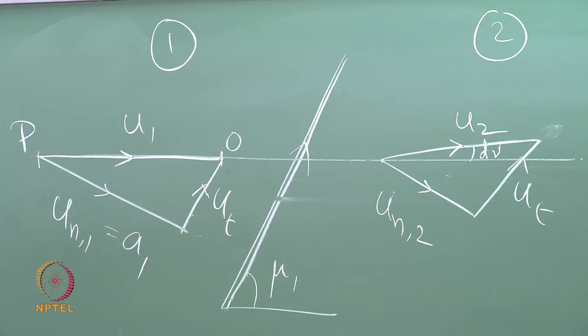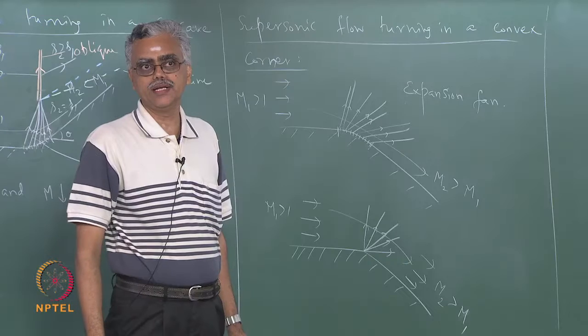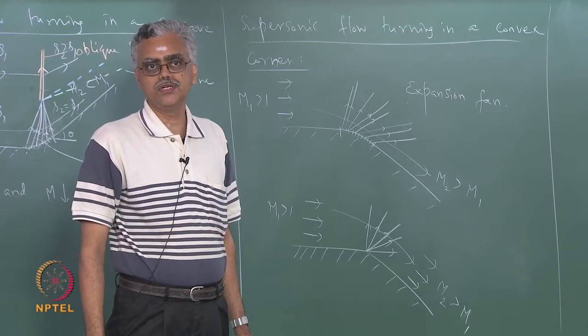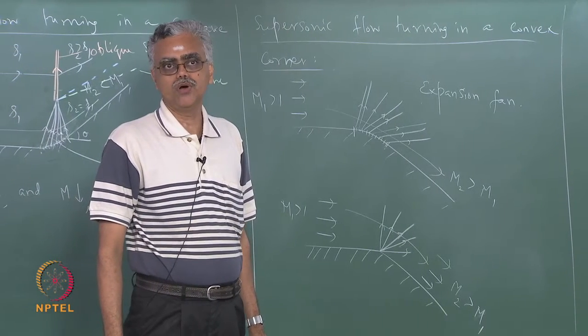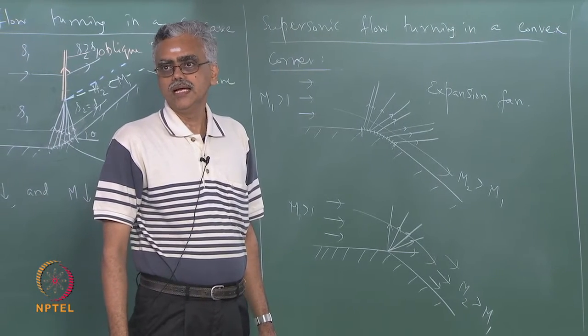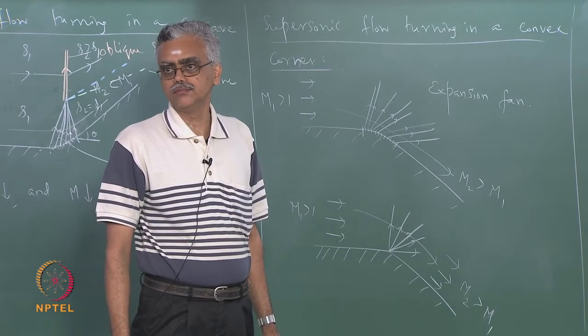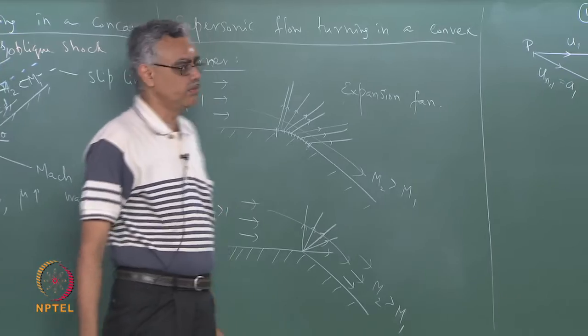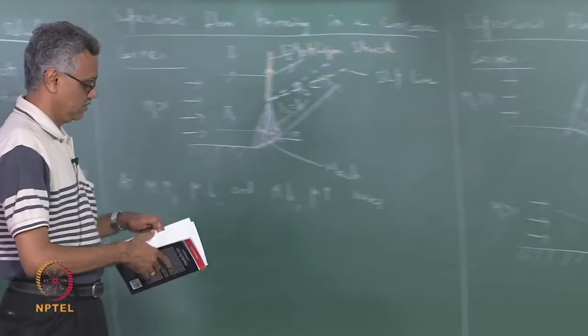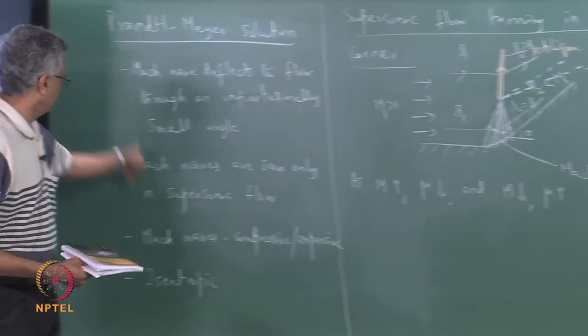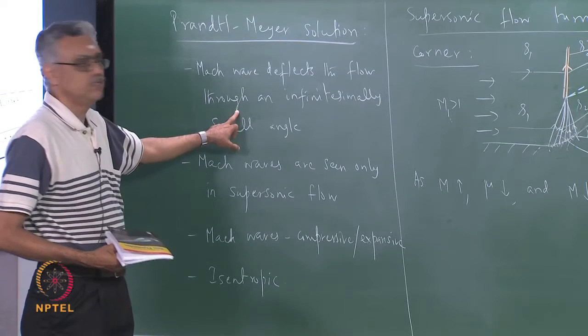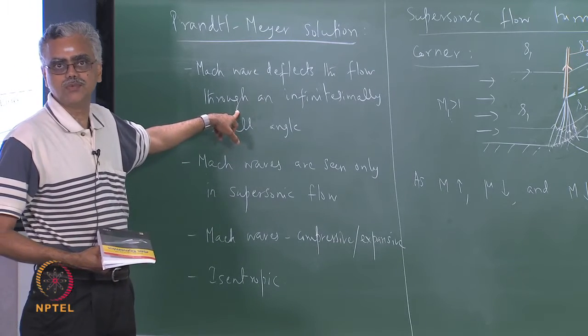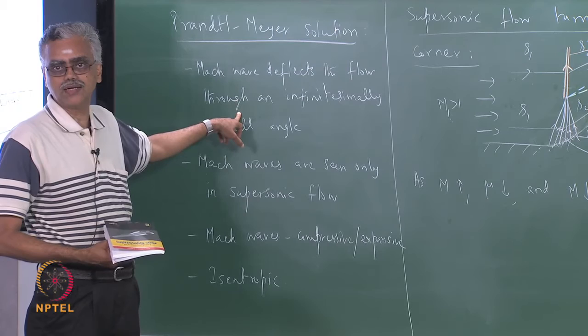That is the flow deflection angle, and we are denoting it explicitly with a differential to indicate that each Mach wave deflects the flow through an infinitesimally small angle. Remember, the solution must satisfy these constraints. So the deflection angle has to be infinitesimally small, and we will use this fact later on.